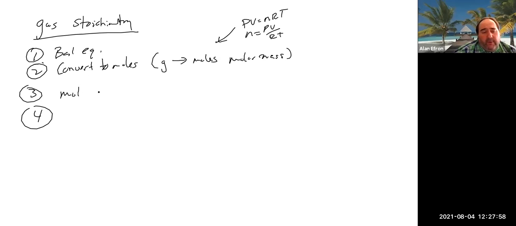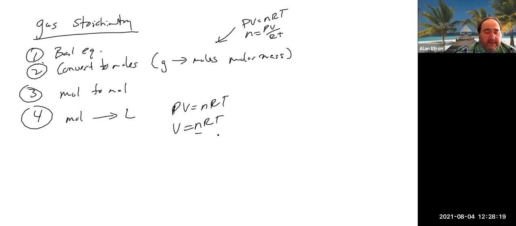You again would do your mole to mole relationship. And number 4 on the back end, a lot of times we're interested in the volume of gas that would be produced. So we go moles to liters, which means on the back end we use our ideal gas law and solve for volume.